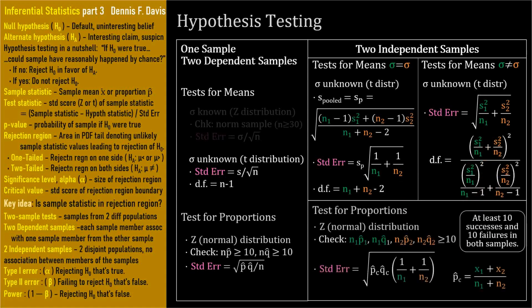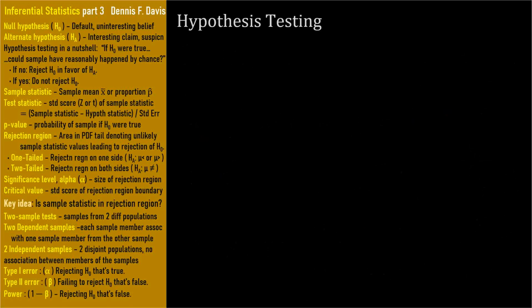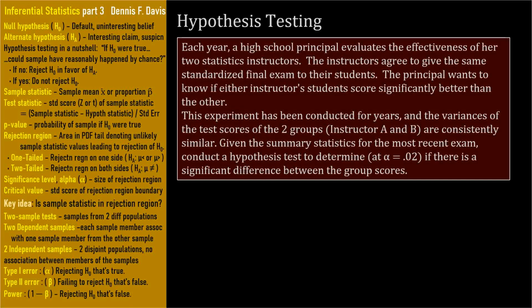Okay, our chart is done. We've already done 1 sample test and a 2 dependent sample test, so let's do some independent sample tests. Each year, a high school principal evaluates the effectiveness of her 2 statistics instructors. The instructors agree to give the same standardized final exam to their students. The principal wants to know if either instructor's students score significantly better than the other.